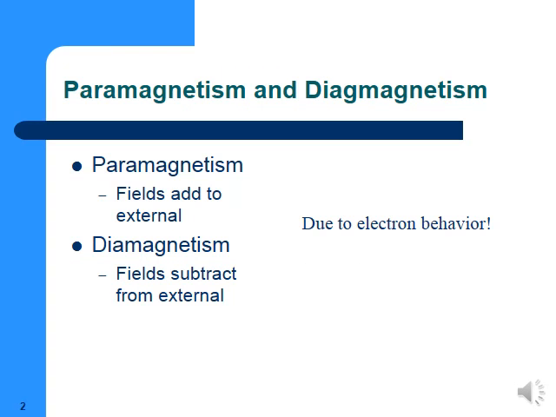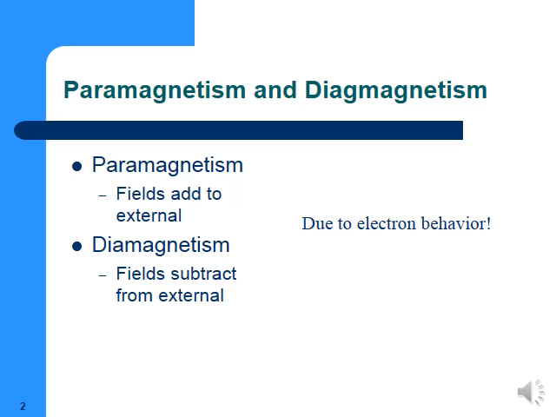Chapter 28 topics that were not covered so far are paramagnetism and diamagnetism, as well as ferromagnetism, which is the strongest type of magnetism. So, if you're used to seeing magnets which are made out of iron, cobalt, nickel, those materials exhibit ferromagnetism.